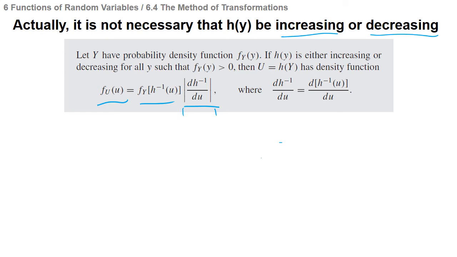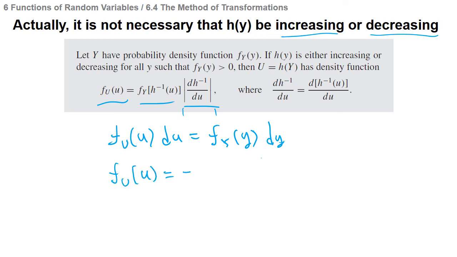And just like I mentioned, I usually use this way: f(u) du is equal to f(y) dy, and when we are calculating f(u) is equal to f(y) times the absolute value of dy du.